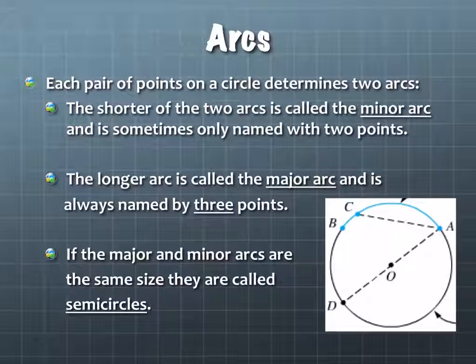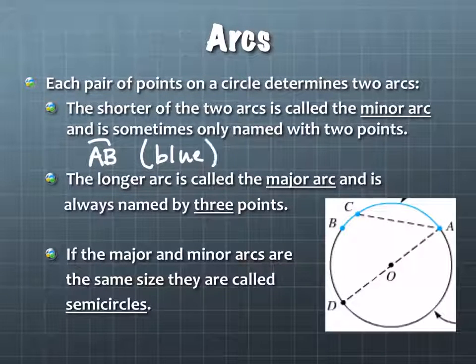Well, here's the deal. Each pair of points on a circle actually determines two arcs. The shorter arc is called the minor arc, and sometimes it's labeled with only 2 points. So that would be the arc AB that I just mentioned, which goes along the top. That's the part that's in blue. The longer arc is called the major arc. And whenever we talk about the major arc, we have to label 3 letters. No option of 2.